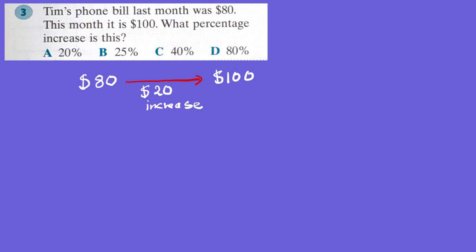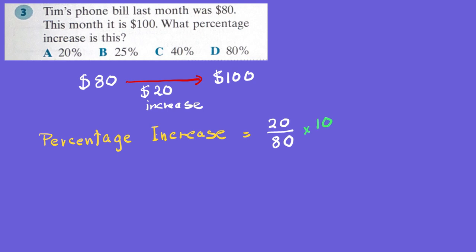It's increased by $20, so the percentage increase is going to be 20 over 80. But now we're going to multiply this by a very important number, and that is the percentage. This is why it's called the percentage increase.